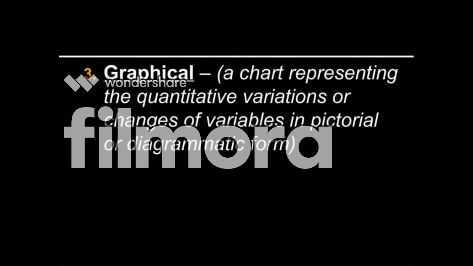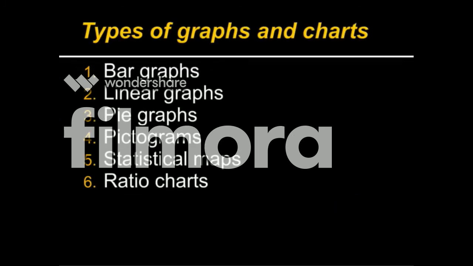The third type of presentation is what we call graphical. So it is when a chart representing the quantitative variations or changes of variables in pictorial or diagrammatic form is presented. So there are types of graphs and charts.